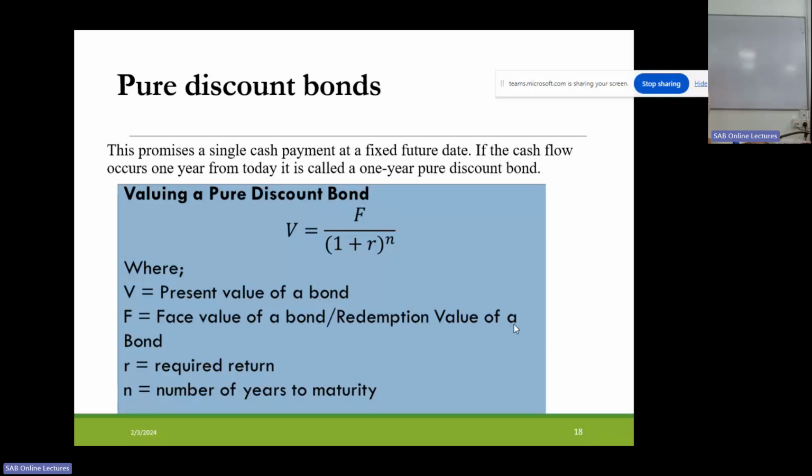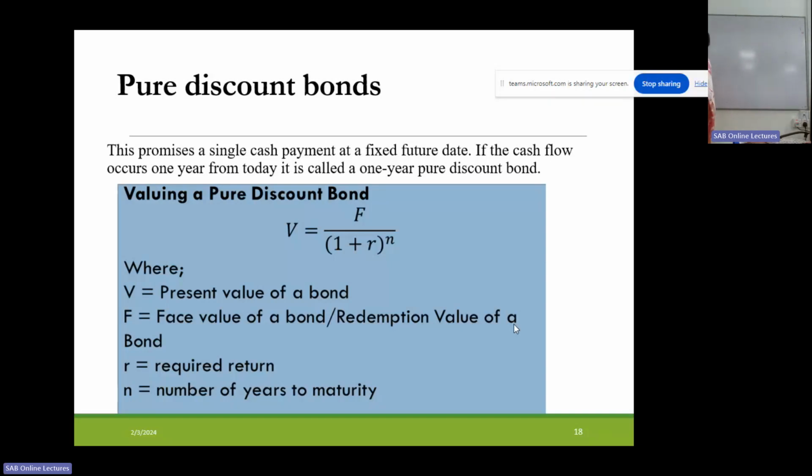No coupon during the life of the bond. If it is a 5-year zero coupon bond, you calculate the intrinsic value simply as the maturity payment or the face value discounted back over the 5 years.